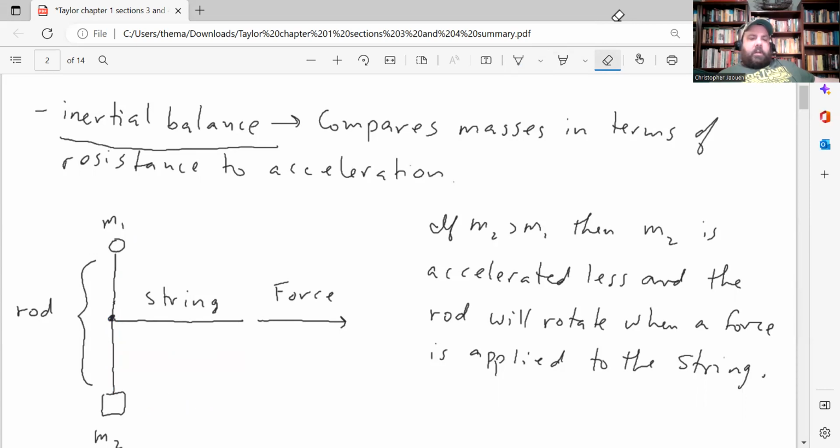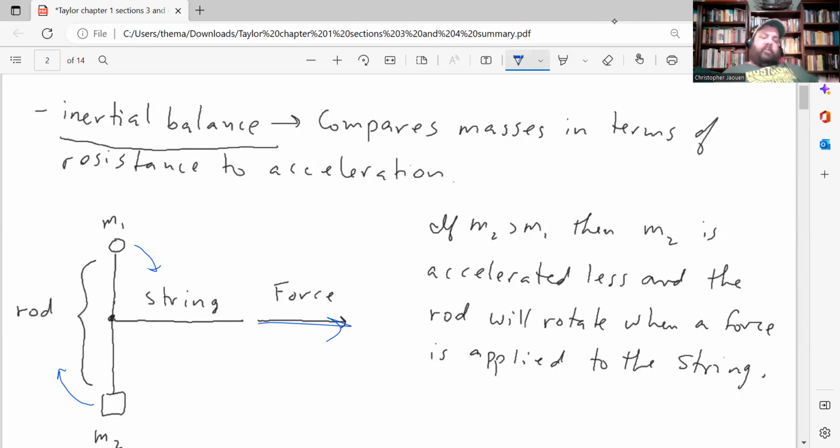So you pull it away, and if M2 has larger mass than M1, then the rod will rotate like this, because mass M2 resists acceleration more than mass M1.